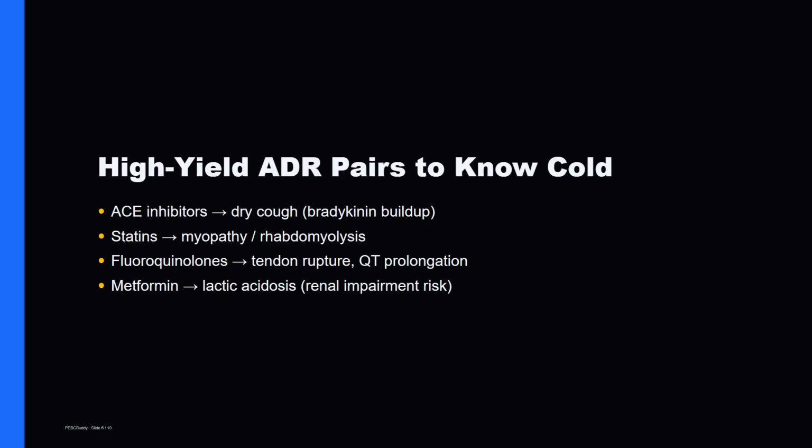Fluoroquinolones have a black box warning for tendon rupture and can prolong the QT interval. And metformin, while generally safe, can accumulate and cause lactic acidosis when renal function drops. Always check eGFR. These aren't random facts. Each one is tied to a mechanism you already understand.